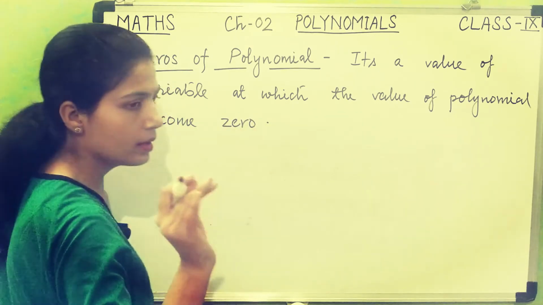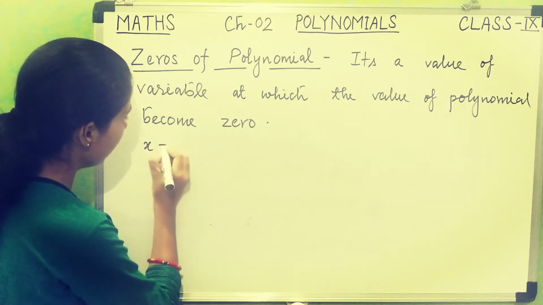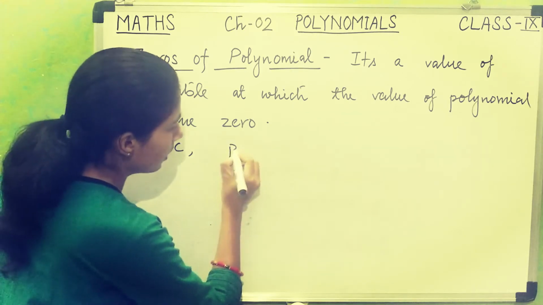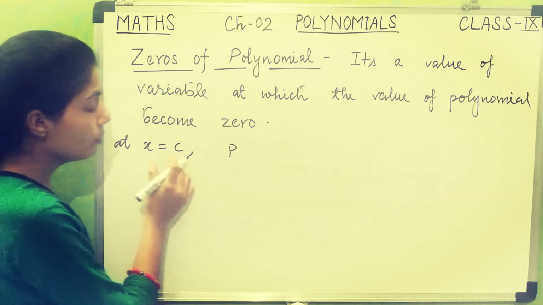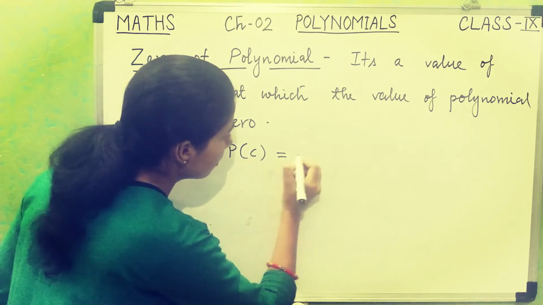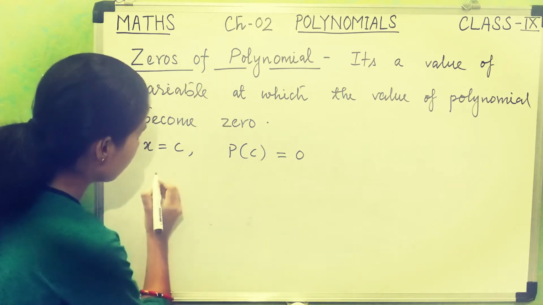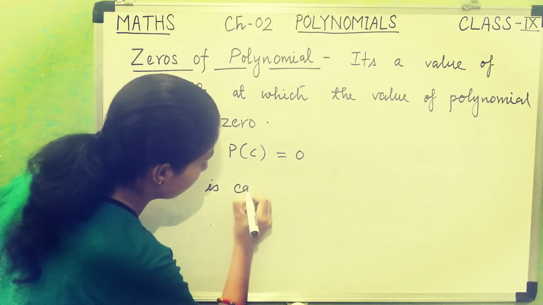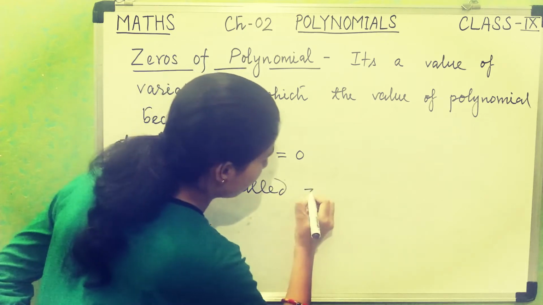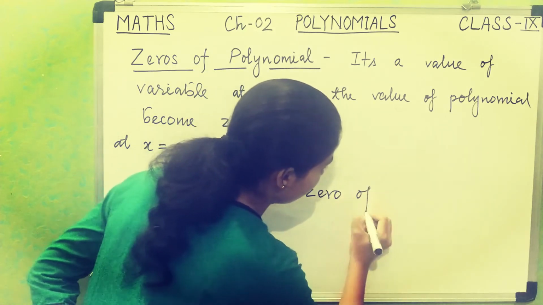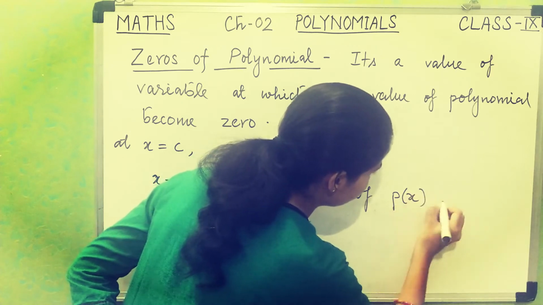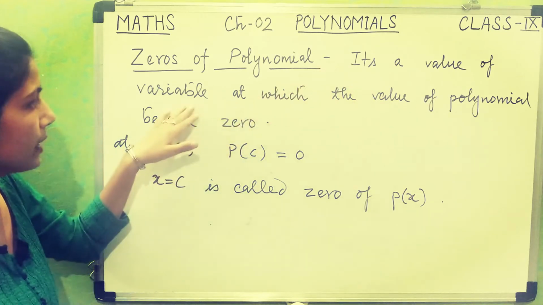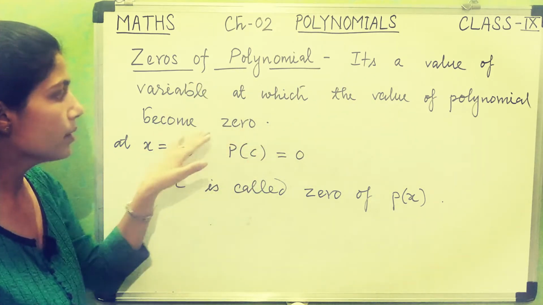Means if I take a general value, let x equals c, and at this particular value the value of the polynomial is 0, then this c, x equals c, is called the zero of the polynomial p(x). It's a value of the variable at which the value of the polynomial becomes 0.